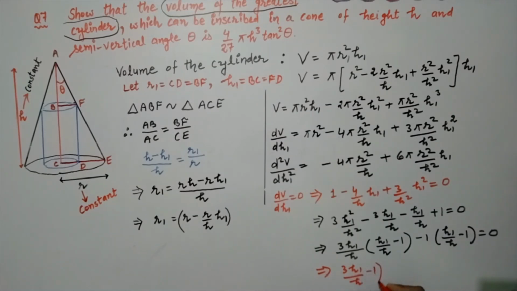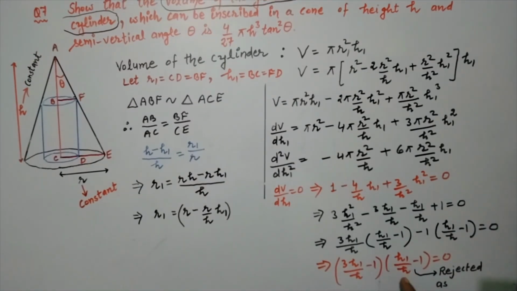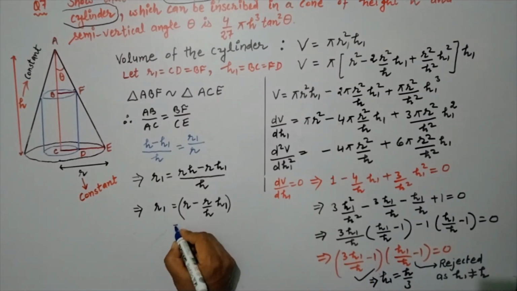So again this implies 3H1 upon H minus 1 into H1 upon H minus 1 equal to 0, right? Now this second factor is rejected, as this gives us H1 equal to H. So H1 cannot be equal to H. So the first factor is selected. This gives us H1 is equal to H divided by 3.